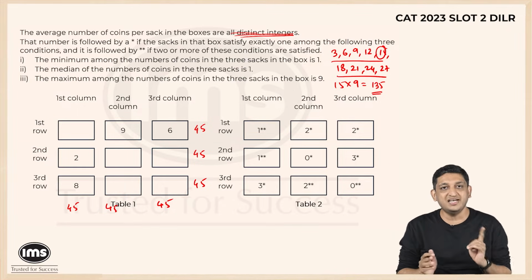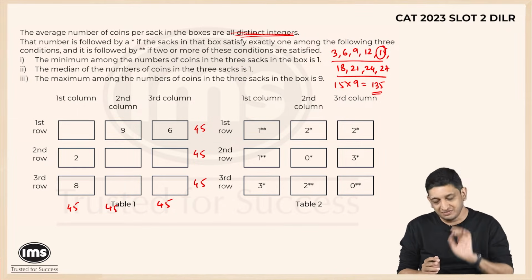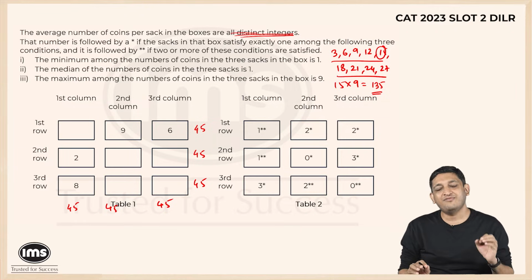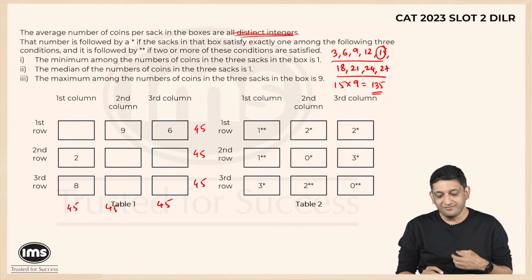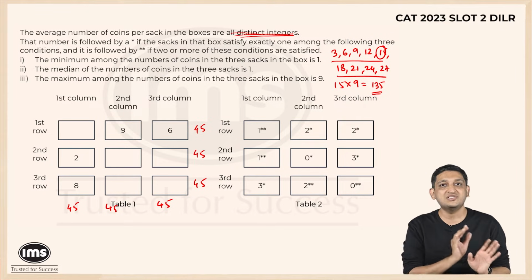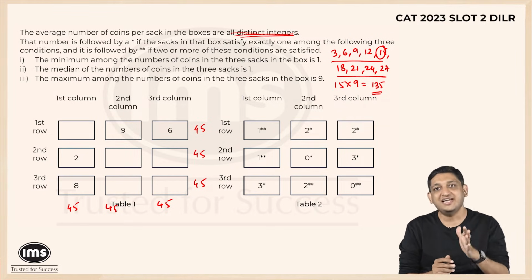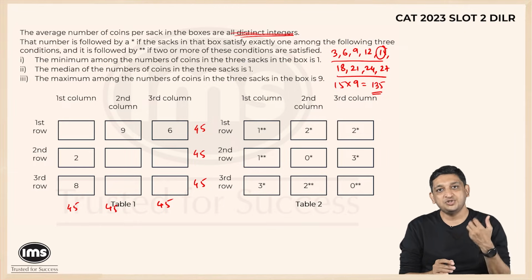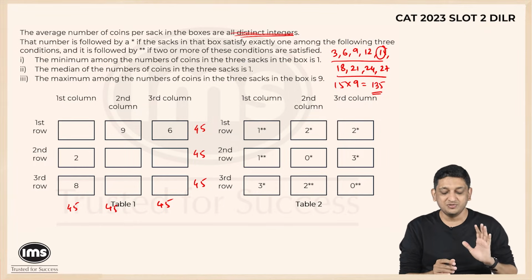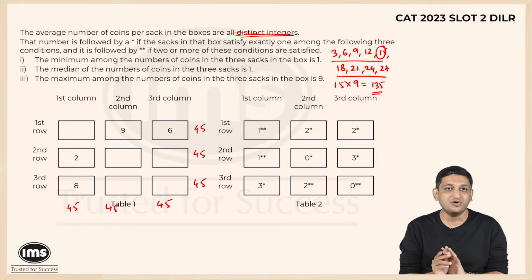Of course, I know that there is one box wherein 999 will be present. There is one box where 111 will be present. My first idea is to figure out which these 2 boxes are. And obviously, I know that if there are 3 9s present in a particular box, there should be 3 sacks that should have more than 5 coins.